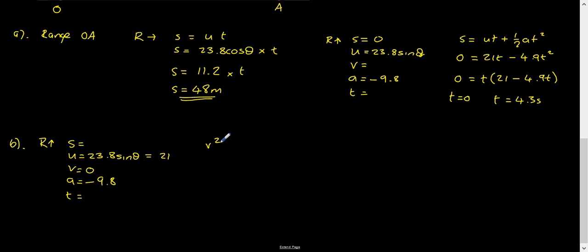So the equation we need to use is v squared equals u squared plus 2as. So 0 squared equals 21 squared plus 2 times minus 9.8, which is minus 19.6, s. And so we can work out our value of s by doing 21 squared over 19.6. And we get 22.5 meters above ground.